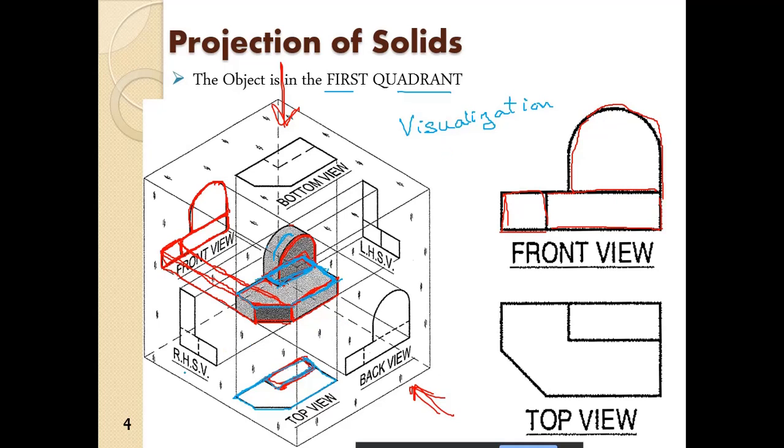Obviously, if you see from this side, what you will see is this upper edge over here, and this entire thing as a straight line. So you will see this section here like this. This point will project here, this point will project here, right? And when you see from this side over here, you will see this plane.